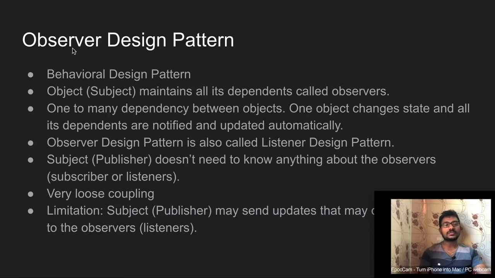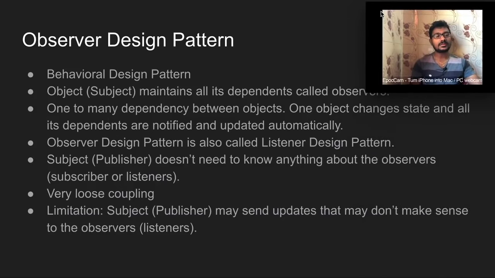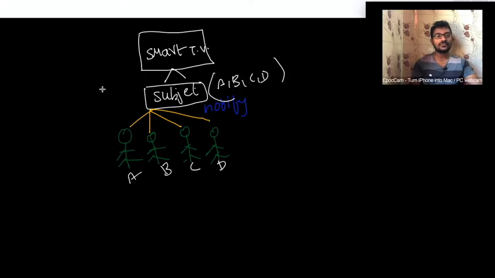And then the limitation. The subject or publisher may send updates that don't make sense to the observers. For example, if A observer has already bought this product on another online site, since A has registered with this subject, this site would still send notifications regarding the product availability on a weekly or monthly basis.